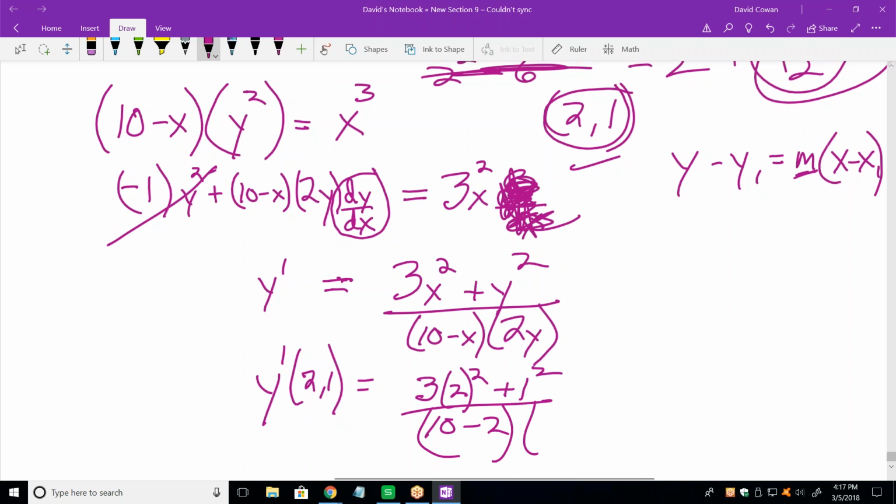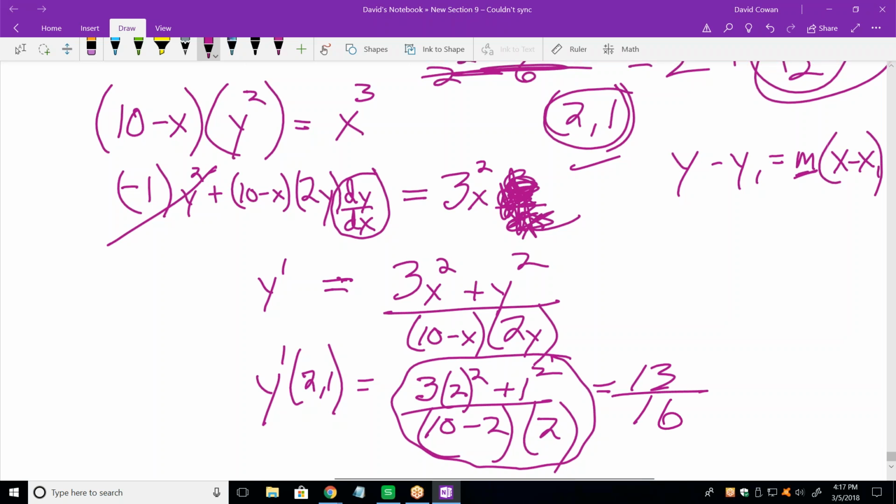A lot of people do some of that math in their head. Boy, that's a really easy way to make a mistake. Whereas if you do it this way, it's much harder. You still got one more step to go, but it's an easy step and you're not going to probably make mistakes. So that's 12 plus 1, 13 on top, all over 8 times 2, 16 on the bottom. So that's our slope. So that's m.